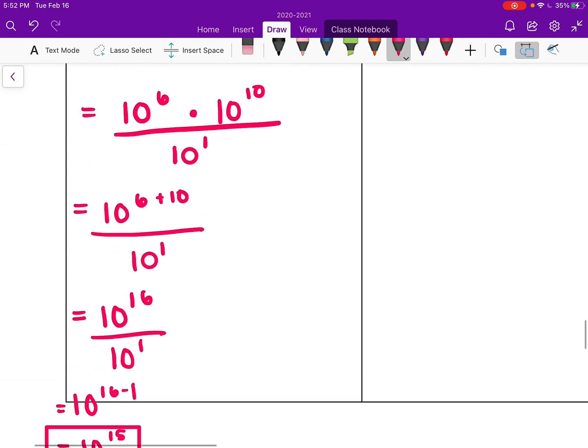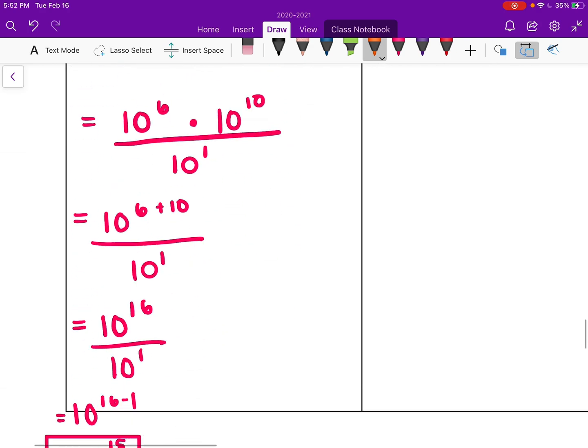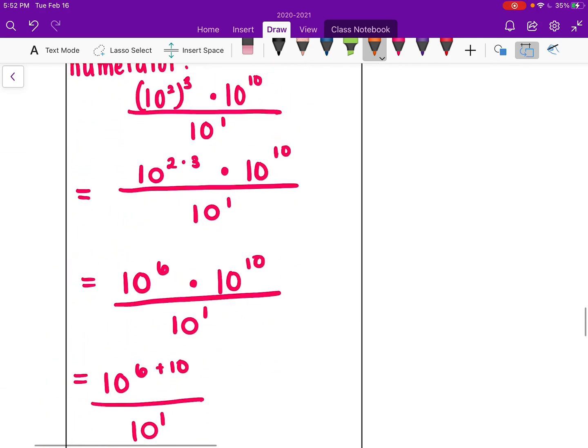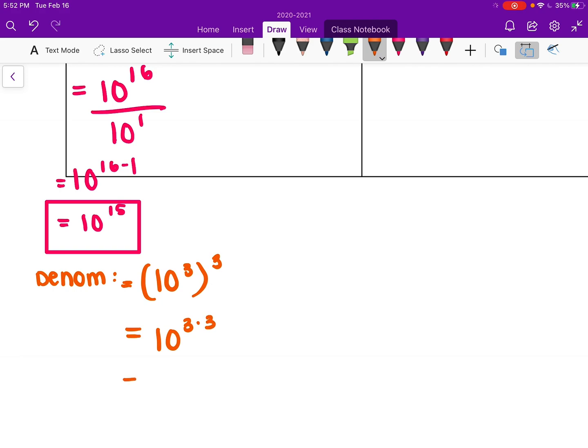I finished my numerator. I'm going to shift my focus to the denominator, so I know I have 10, and that one's easy. So I'm just going to go in and write it at the bottom here. Denominator, this one I probably should have given myself more space for, but that's okay. It is 10 to the power of 3 to the power of 3, right? Which I know is, you multiply those two together, 10 to the power of 9.